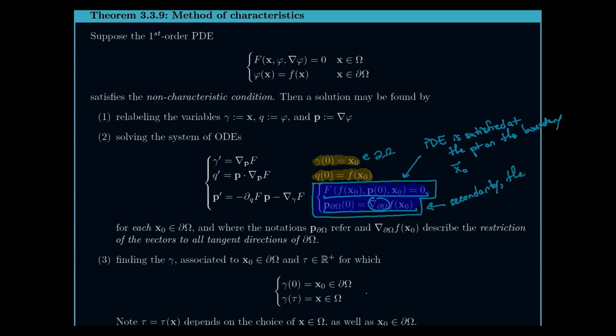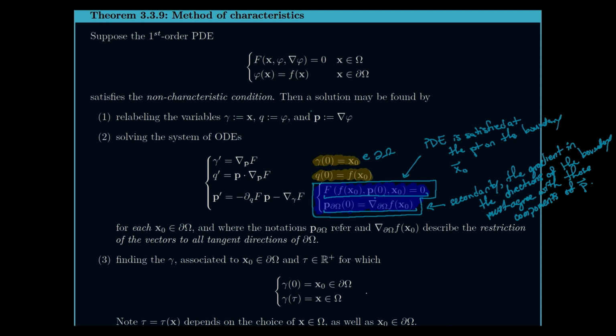That's the gradient sub the boundary, meaning it's all the gradient which is formed from the tangential directions in the boundary. So secondarily, the gradient in the direction of the boundary, directions plural, must agree with those components of the vector p, right?